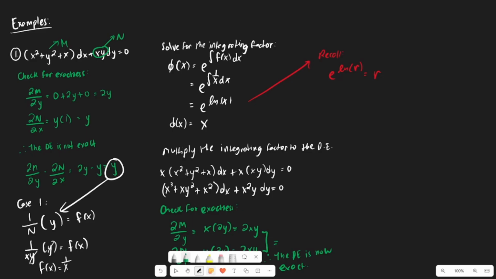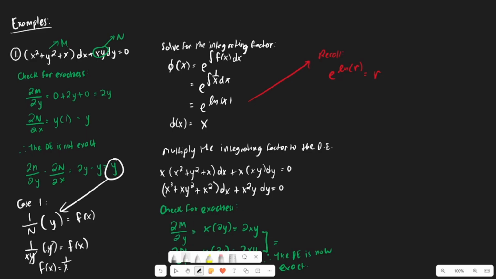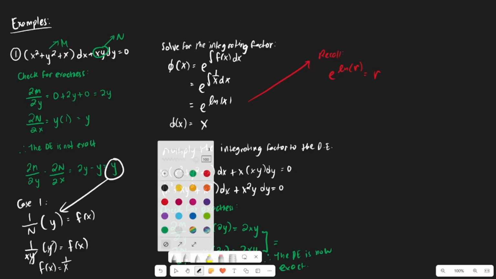So now that the dE is exact, then we can have the different methods of solution. So now we have three different methods of solution for finding the general solution for our new differential equation, our new differential equation which is multiplied by phi.